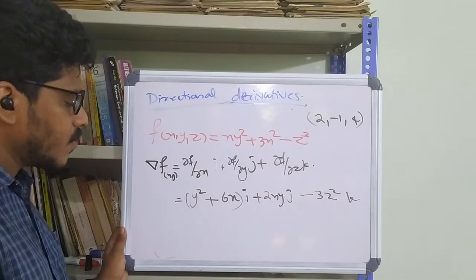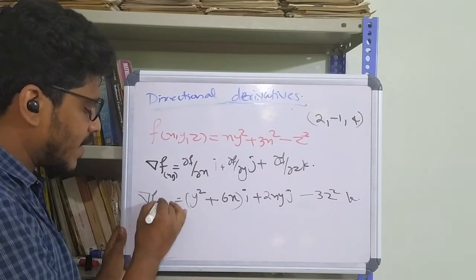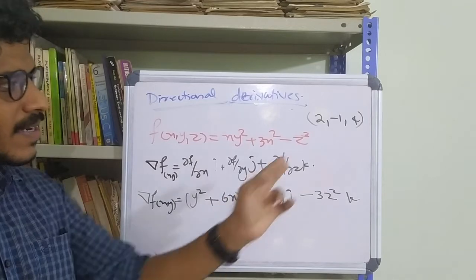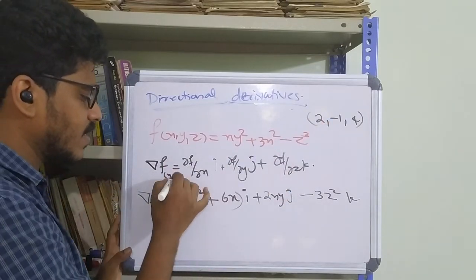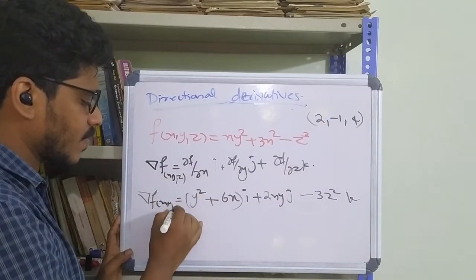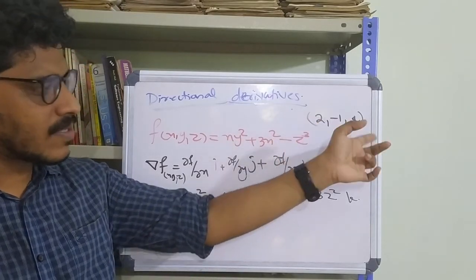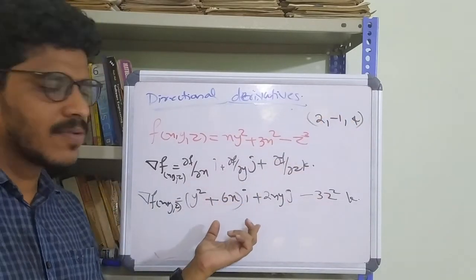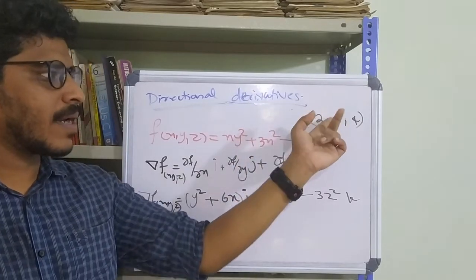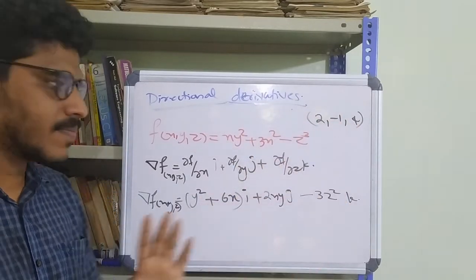So this is the gradient of f at xyz, but we are actually asked to find it at 2, minus 1, 4. Now simply plug these values into this equation: 2 for x, minus 1 for y and 4 for z.